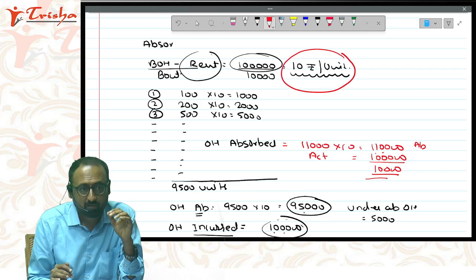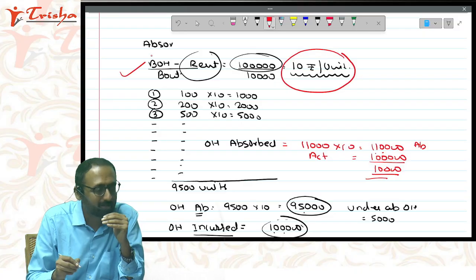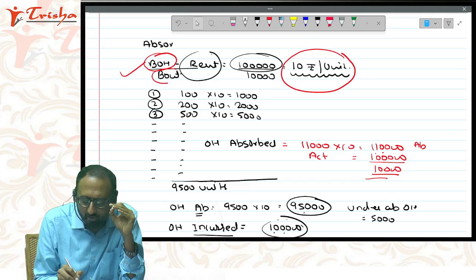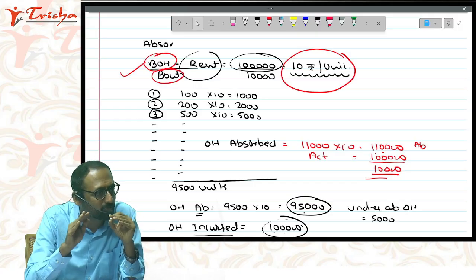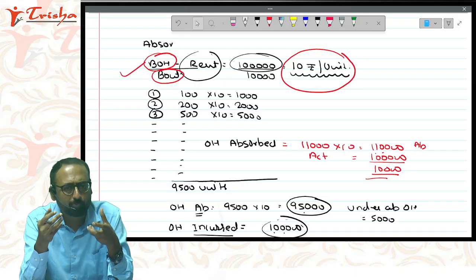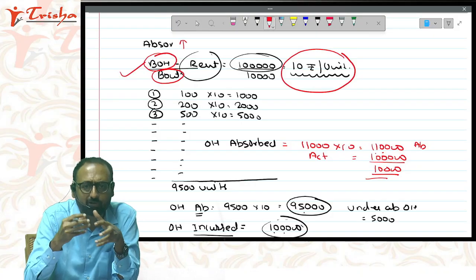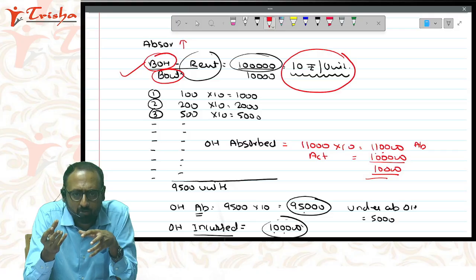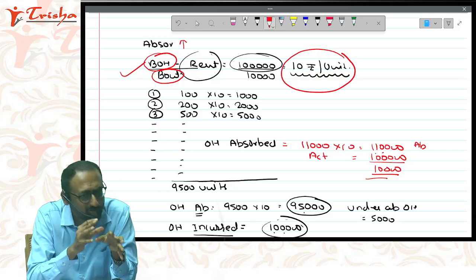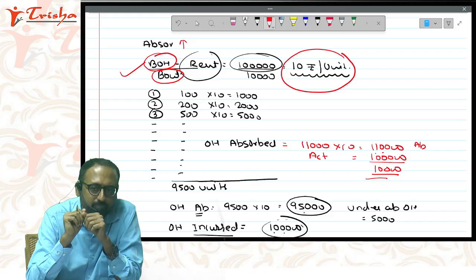Predetermined rate means, Sirji, before the start of the month you have calculated that rate, and you can check the numerator is also budgeted and the denominator is also budgeted. Yes or no? You are just predicting your overhead. You are just predicting your output. So, Sirji, actual overhead may or may not equal budgeted overhead, or actual output may not equal budgeted output. Because of this, your under absorption, over absorption happens.